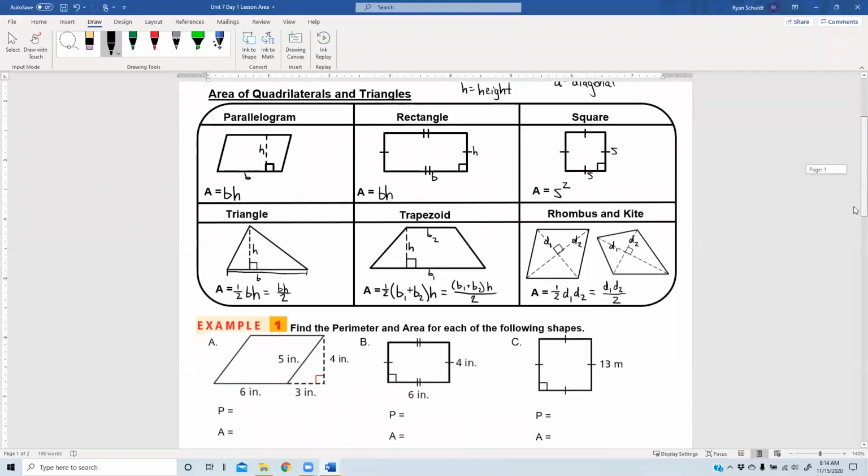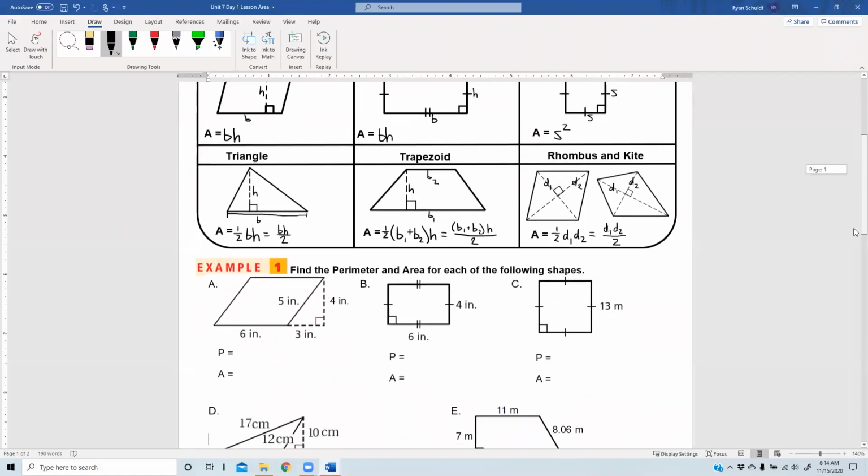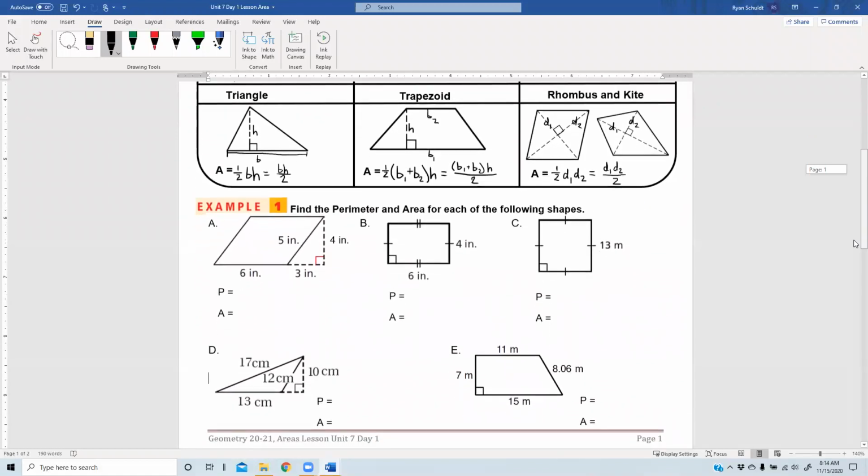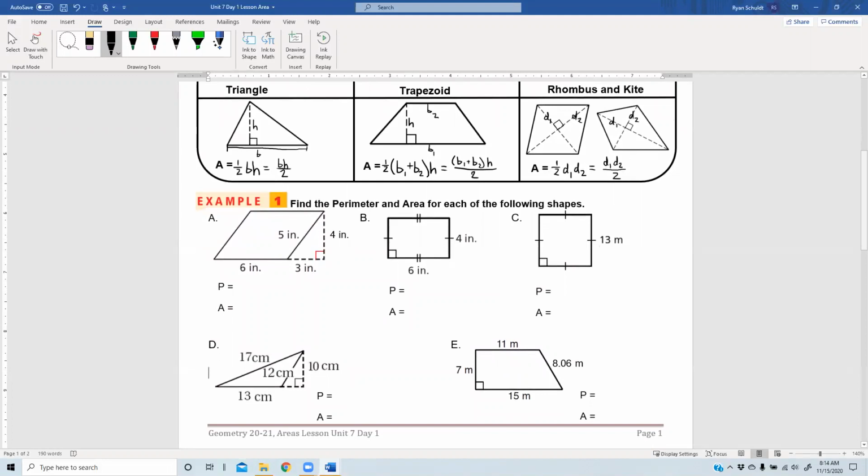Now let's just find area and perimeter. For perimeter, remember we add up all the sides. For area, we have to use our special formulas that we just talked about.